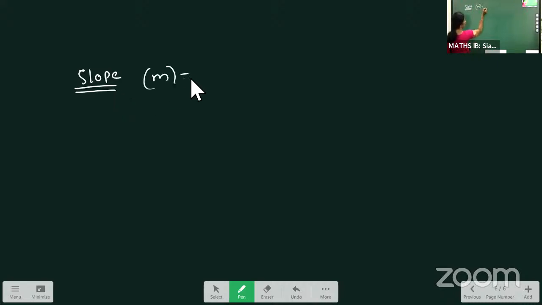When 2 vertices are given, the slope formula is y2 minus y1 by x2 minus x1. With this, a question will be asked like this. When slope is given, how to find the unknown value? The question is like this, a 2-mark question.